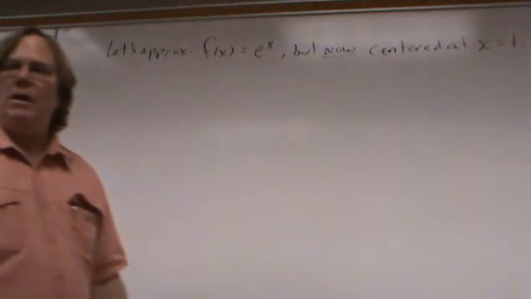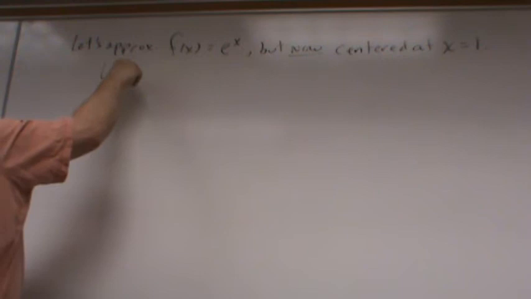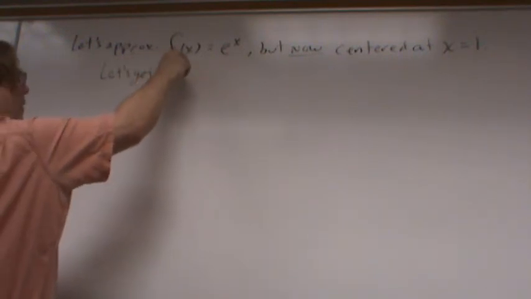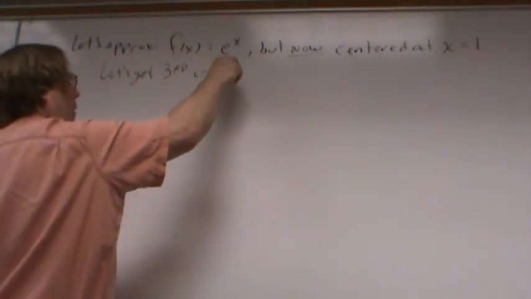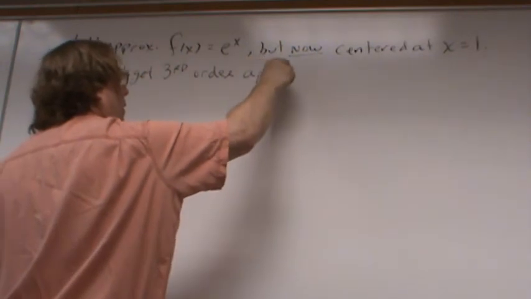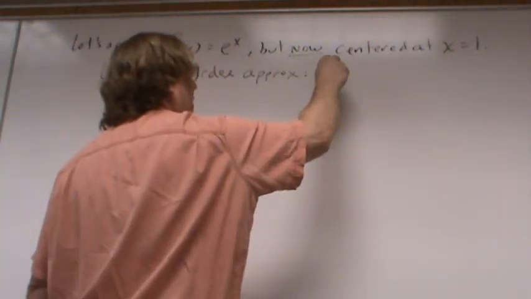You see, I'm going to get an approximation for e to the x, but it's not going to be centered at 0 anymore. It's going to be centered at x equals 1. Well, how do I do that? Let me show you. And I'll say let's get the third order approximation.